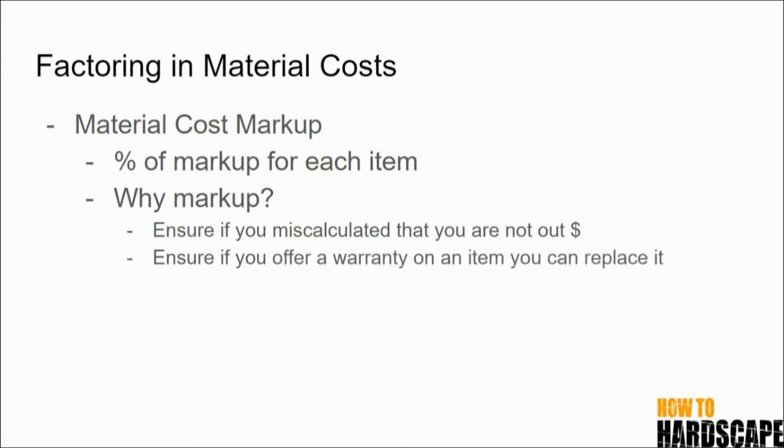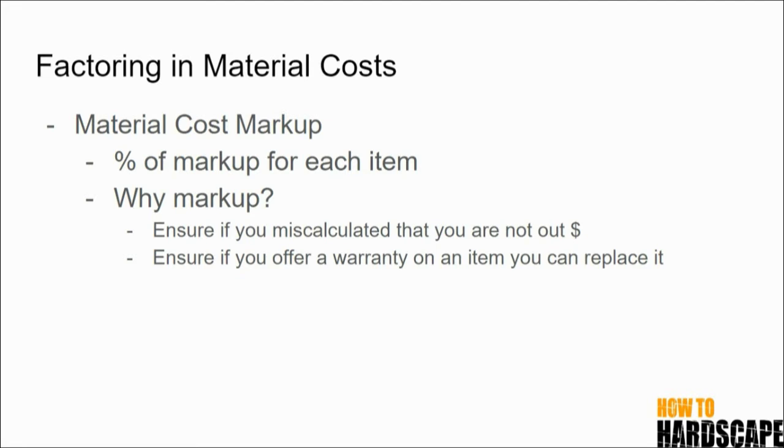And if you add a warranty on any specific item, say you're a softscaper and you install plants and you have a warranty on those plants, and one of those plants dies, this percentage markup is going to cover you a little bit for that warranty that you offer. Maybe you've kept records and a certain percent of the plants that you install end up dying for whatever reason.